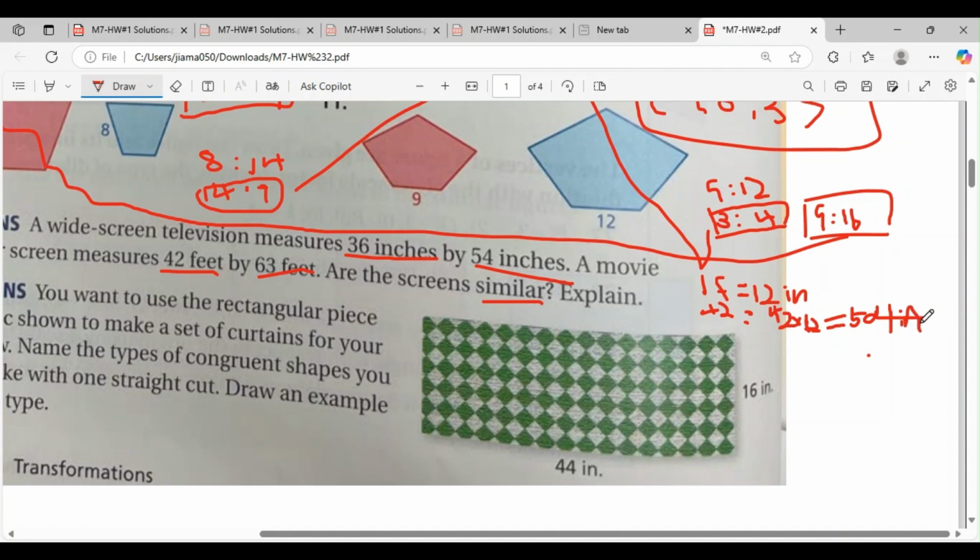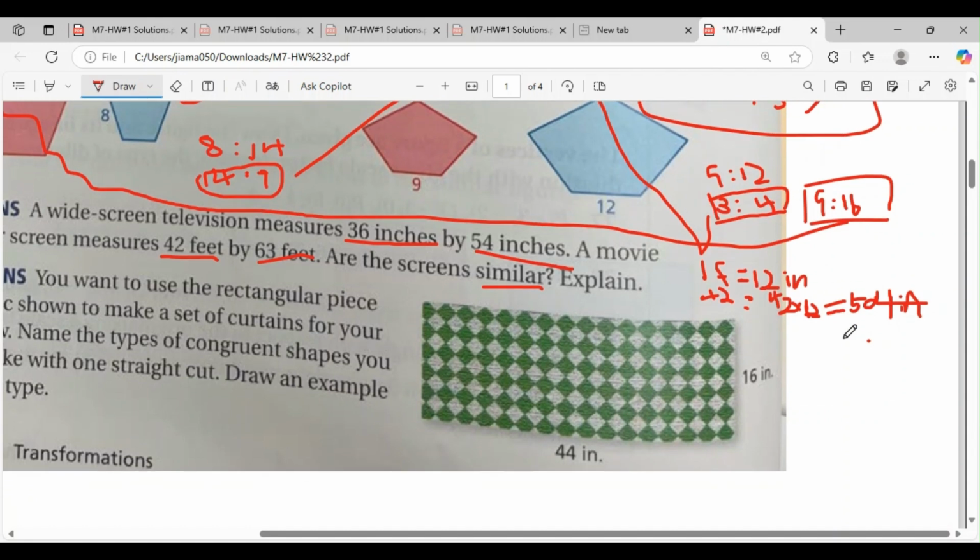And 63 feet equals 63 times 12 equals 756 inches. Okay, alright.